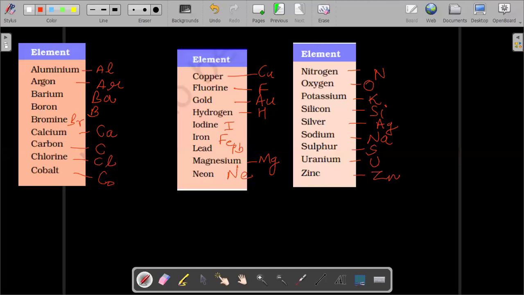There are other elements also which we may require somewhere, like helium, which is He. Slowly we'll come across different elements and we'll try to learn them.